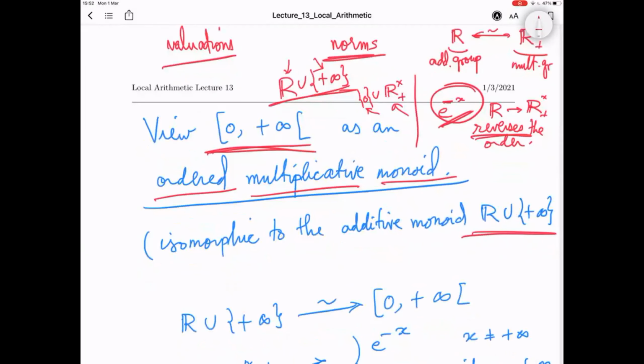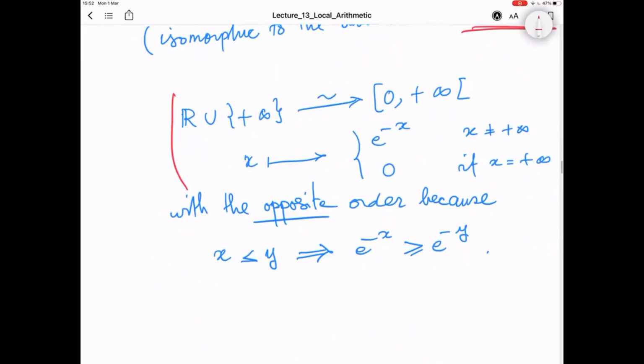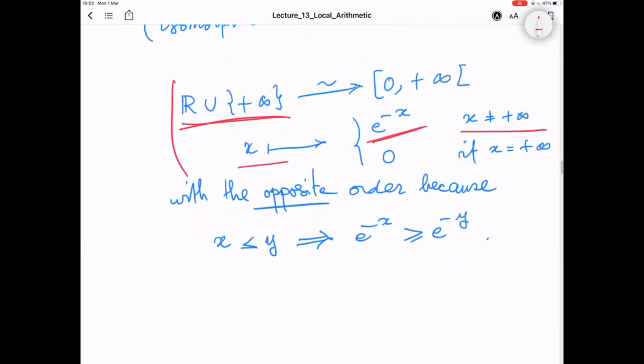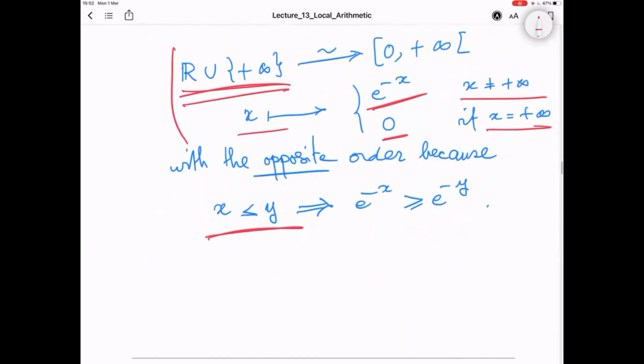It's isomorphic to R union plus infinity, as I've just explained. Here is the isomorphism: x goes to e to the power minus x if x is different from plus infinity, and goes to 0 if x is equal to plus infinity. And if x is less than y in R union plus infinity, then of course e to the minus x is greater than e to the minus y.